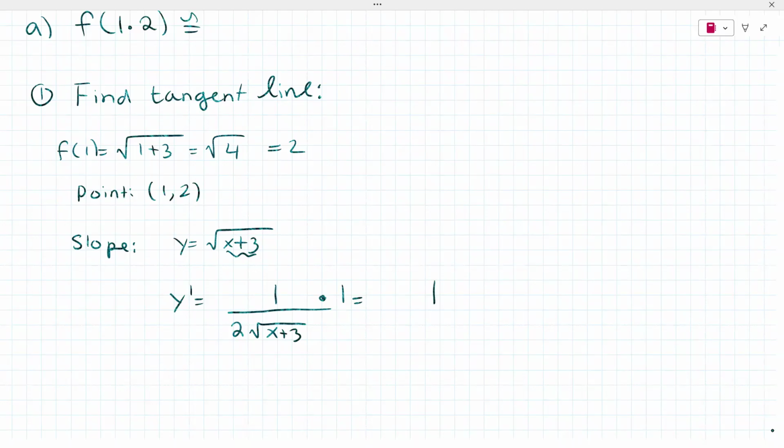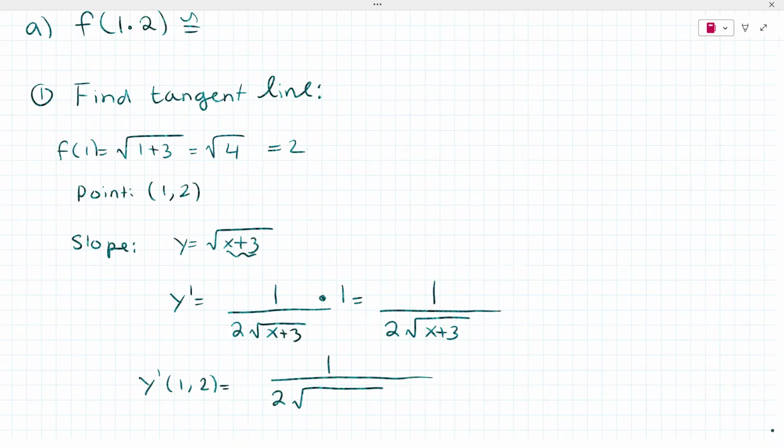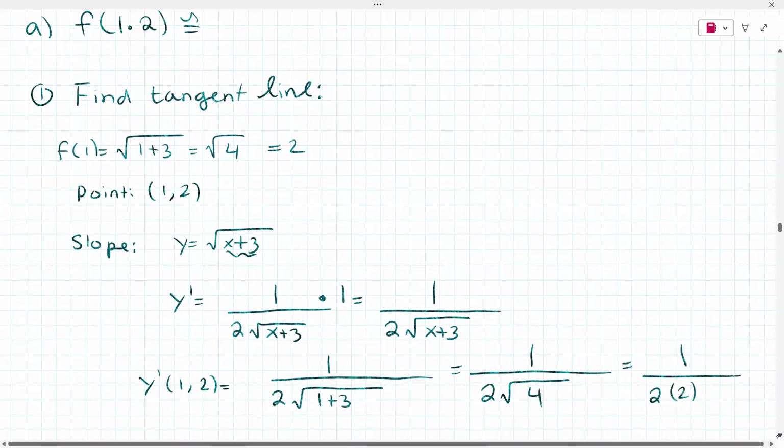So that's going to be 1 over 2 square root of x plus 3. And then plug in your coordinates. I think we just have to plug in our x coordinate because I don't see a y. So it's 1 over 2 square root, and then replace x with 1. 1 plus 3 is 4. Square root of 4 is 2. So it's 1/4.